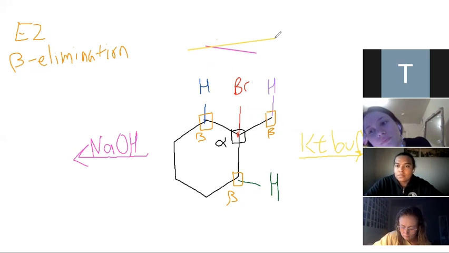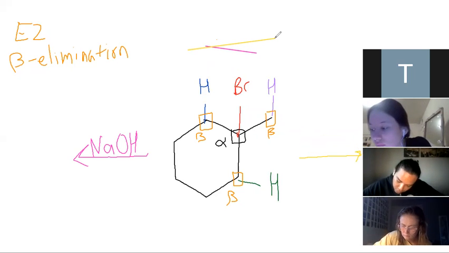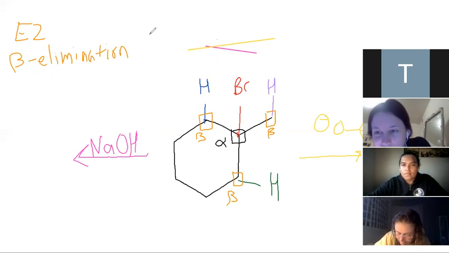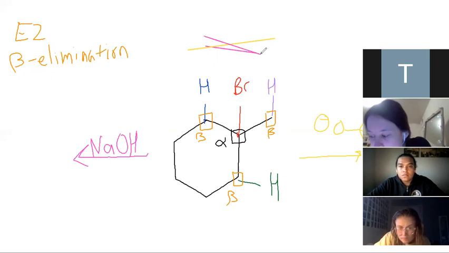So I'll just draw this out so you know what I'm talking about. So potassium tert butoxide, there's a lot of ways that you can think about it, but it is essentially an O- on a tert butyl group, right? And so then our hydroxide is just the OH minus.